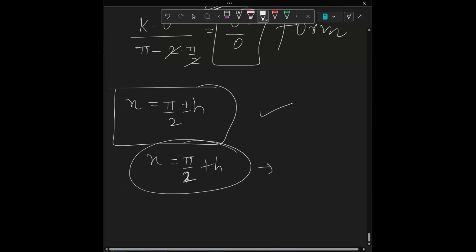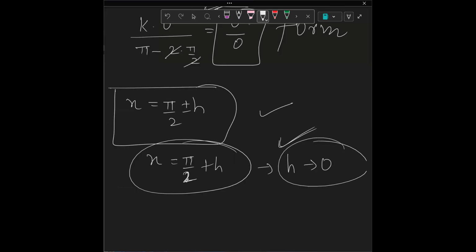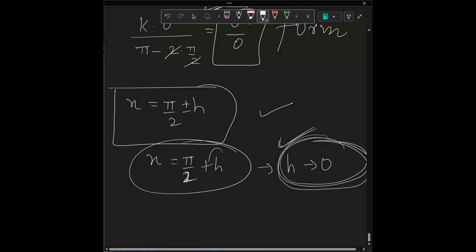And when you substitute the value of x like this, then you should know that your limit h must be tending to 0. This is important. अगर आपका h 0 की तरफ जाएगा, if your h is going to 0, then only you can approach to pi by 2.